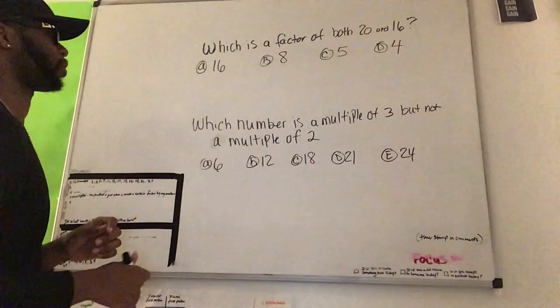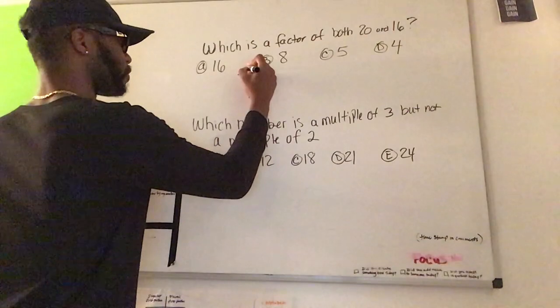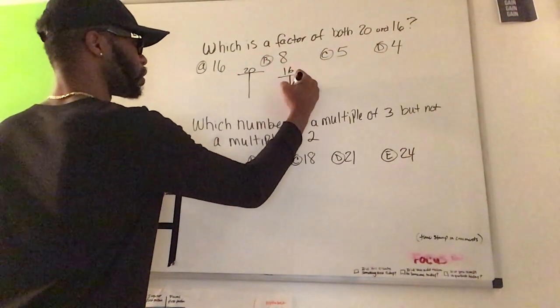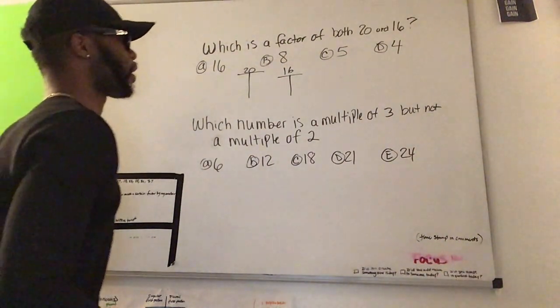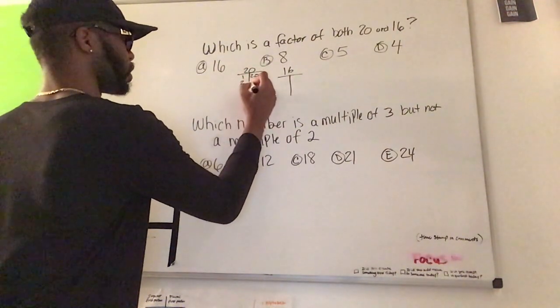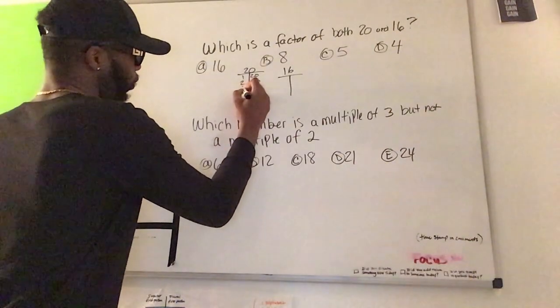So this is what I'm going to have to do. T-chart for 20, T-chart for 16. All right? 1 times 20, 2 times 10, 4 times 5.